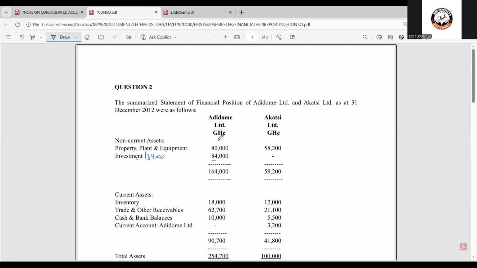Sometimes the investment Adidome had taken is not the investment for just the subsidiary. They have other investments. So don't assume that the investment figure you see under the parent company is all attributable to the subsidiary. It is fortunate that in this question, the investment was exactly the investment in the subsidiary. So this is the intragroup transaction that we are talking about. So you go and cancel that investment. So I stated the investment and then goods that you put.